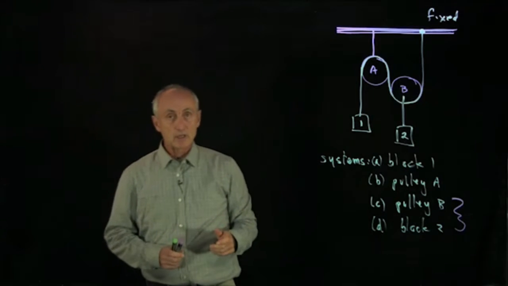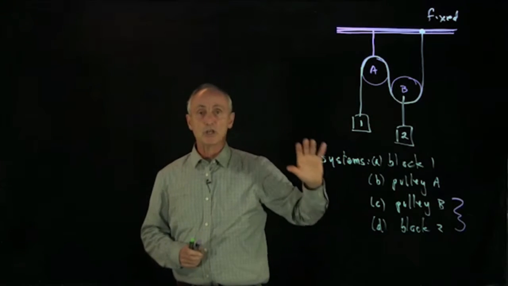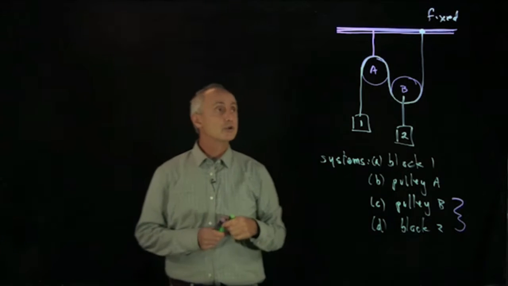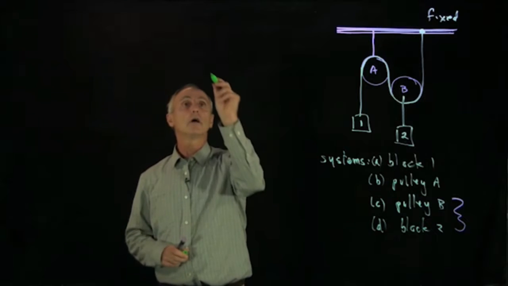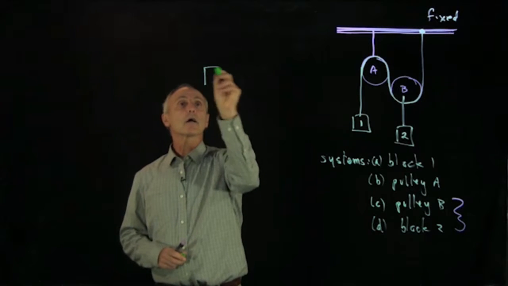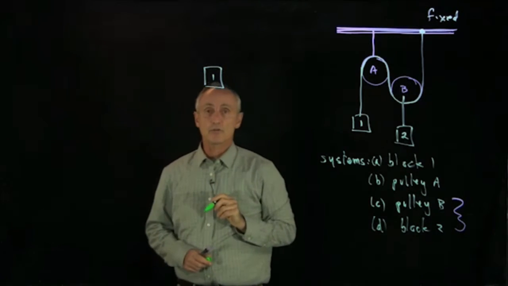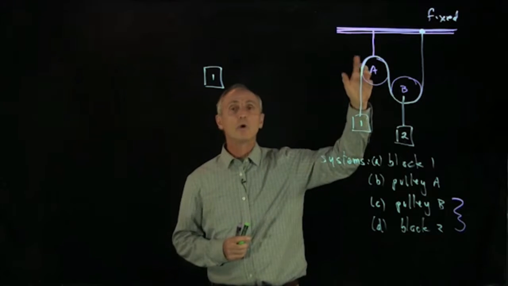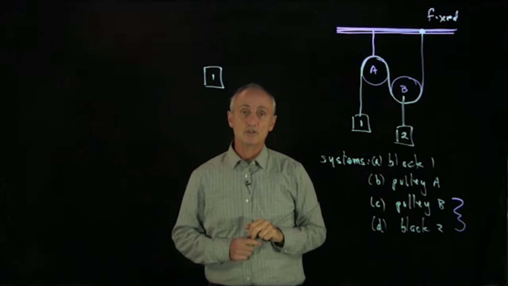So the next step, once we've identified our objects, is to draw free body force diagrams for each of the objects. So in order to do that, let's start with object 1. And we want to consider the forces on object 1. Now that brings us to our first issue about what types of assumptions we're making in our system.